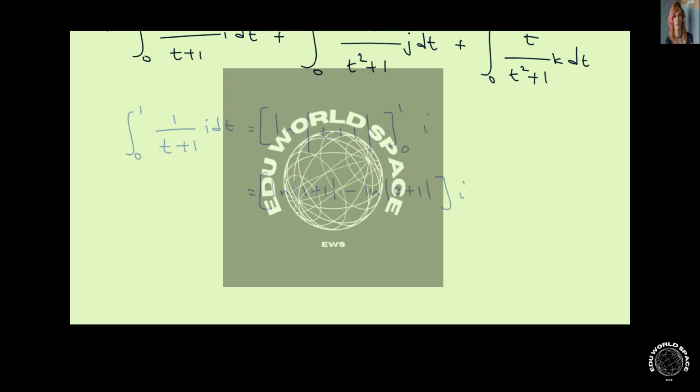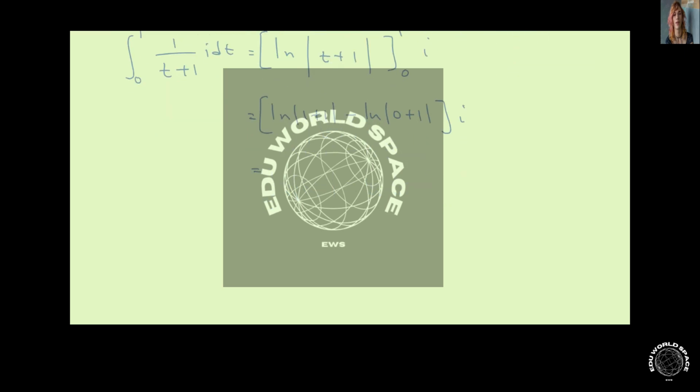We are done with the evaluation, so we'll put the i there, and this becomes ln 2 i. This is because ln 1 is 0. All right, then we have the next part.